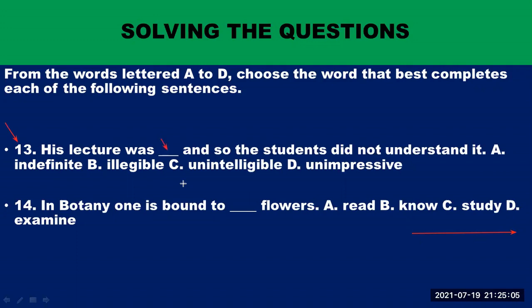His lecture was dashed, and so the students did not understand it. Now, if the students did not understand a lecture because it was somehow, then what does it really mean?